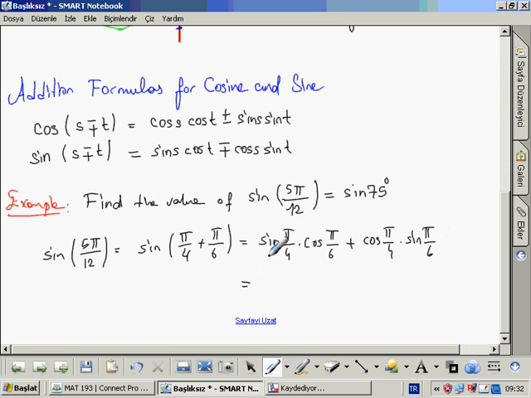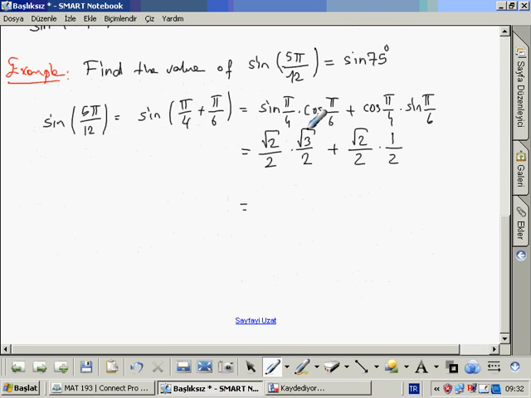So it equals square root of 2 over 2 times square root of 3 over 2 plus square root of 2 over 2 times 1 over 2. So it equals square root of 6 plus square root of 2 over 4.